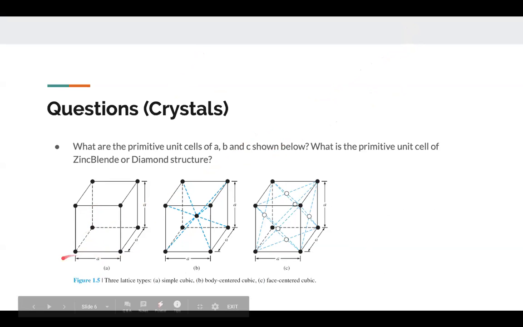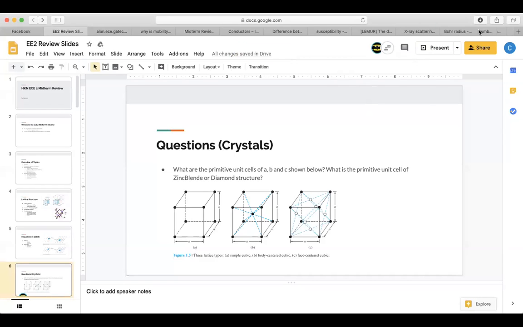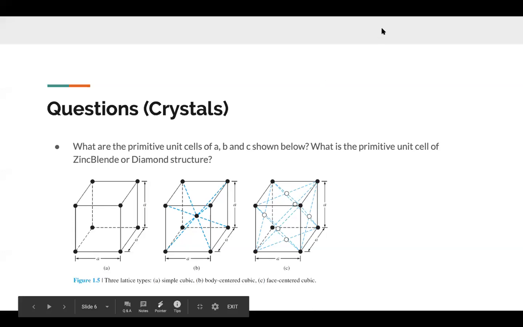Basically, if you think of an XYZ coordinate system, you have the x-axis, the y-axis, and the z-axis. Sorry about that, I think I cut out.